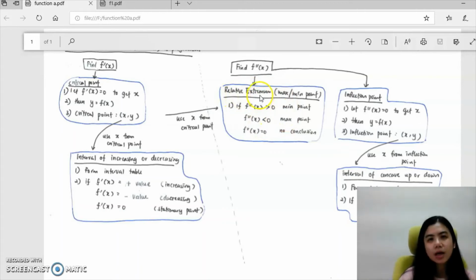This time you need the information of f double prime, which will help you identify whether the critical point is a maximum or minimum. We still need the critical points. We are going to use the x from the critical point and the information of f double prime.